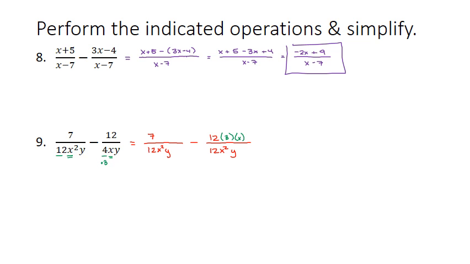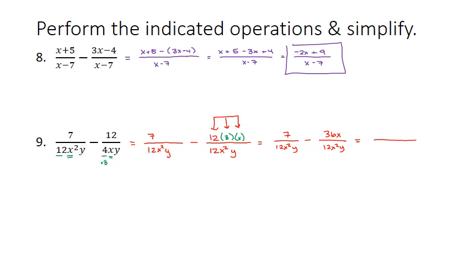I'll just rewrite them. So what are you left with? Well, the first fraction actually didn't change at all. It's still going to be 7 over 12x squared y minus, and while you now have a 12x squared y on the bottom of the second fraction, multiply these 3 together to get your new numerator. 12 times 3 times x is going to give you 36x.